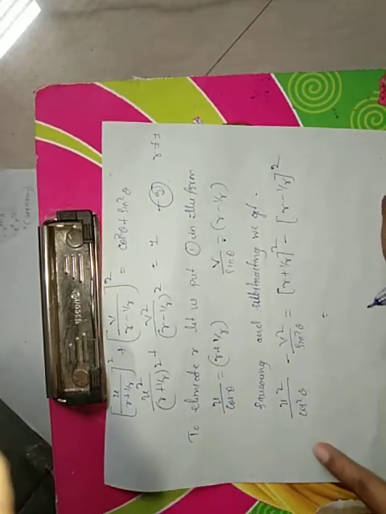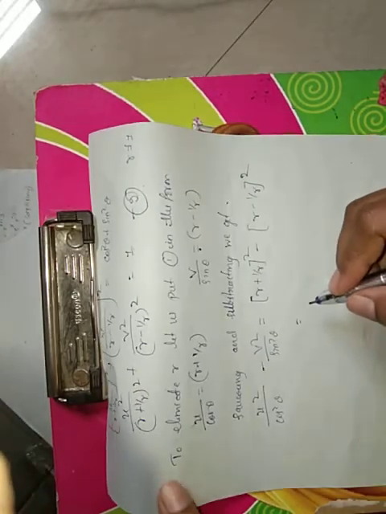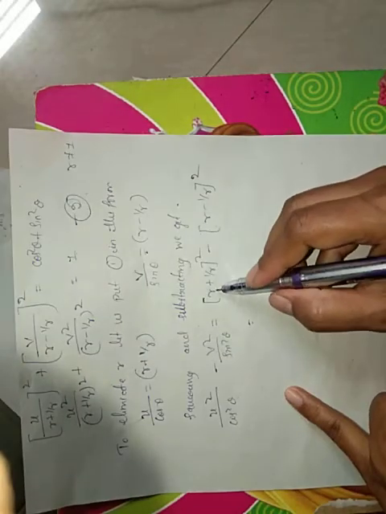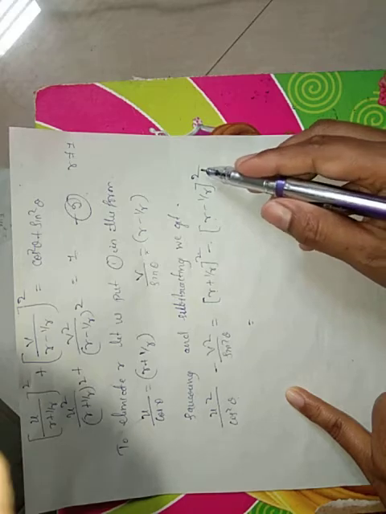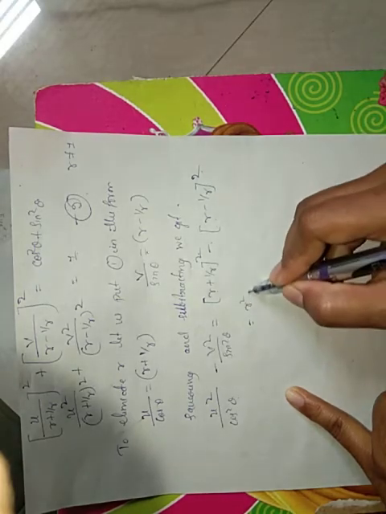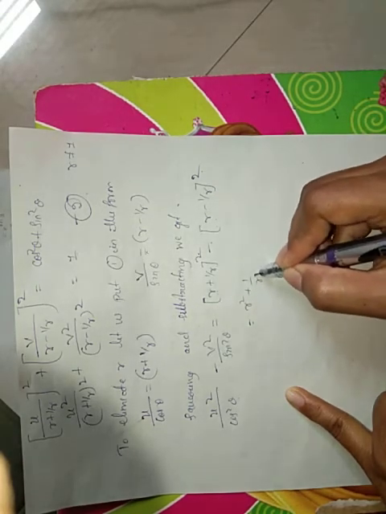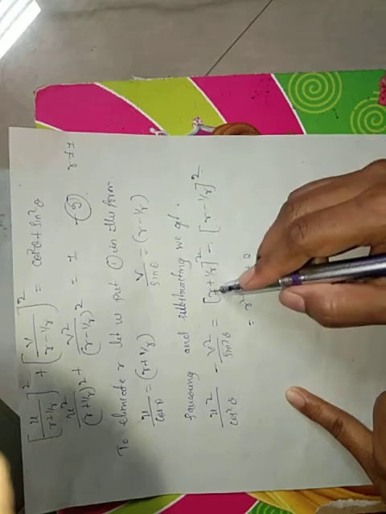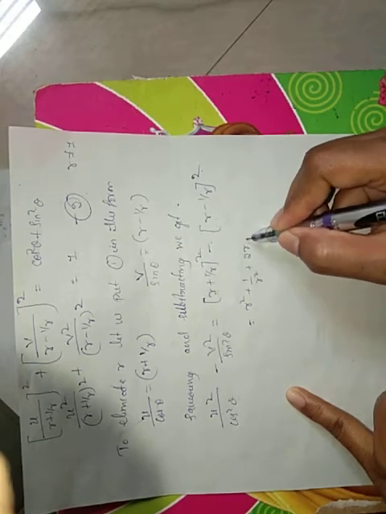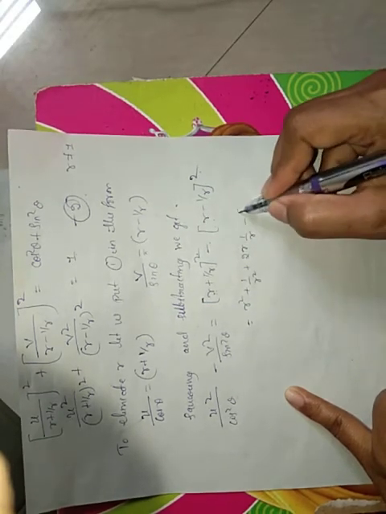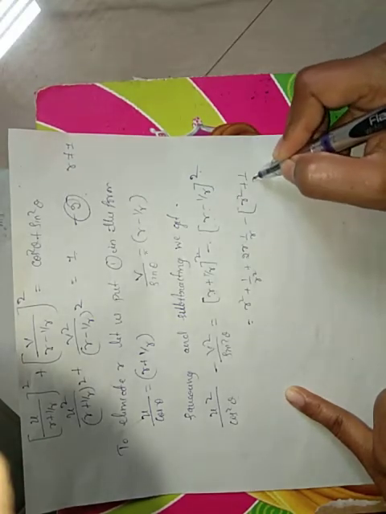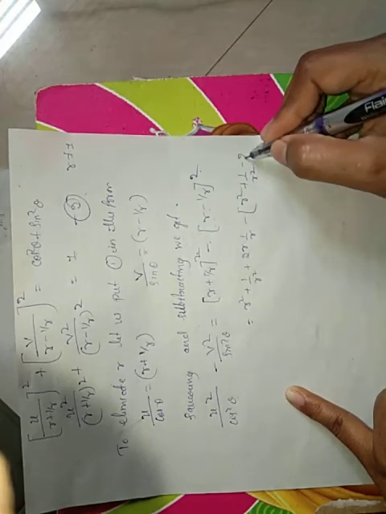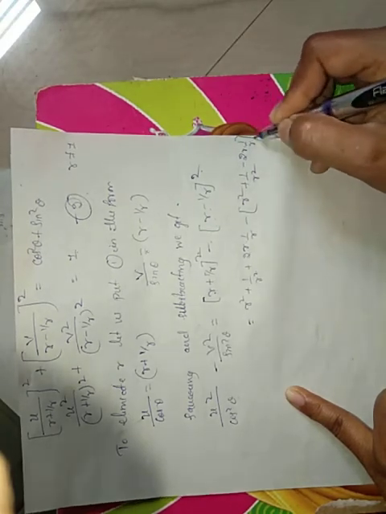That is equal to, see here, a plus b whole square minus a minus b whole square: r square plus 1 by r square plus 2 into r into 1 by r, minus, put a bracket here, r square plus 1 by r square minus 2 into r into 1 by r.